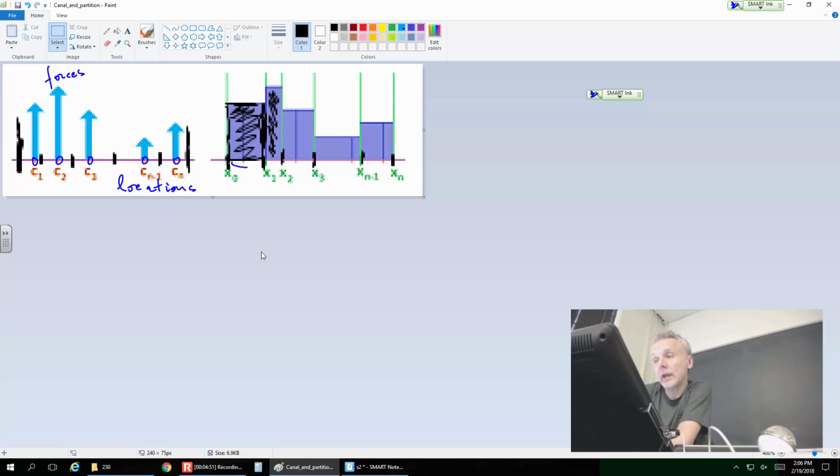They are the multiplication of each displacement, that's the displacement, and this is the force at that particular segment of your trip.